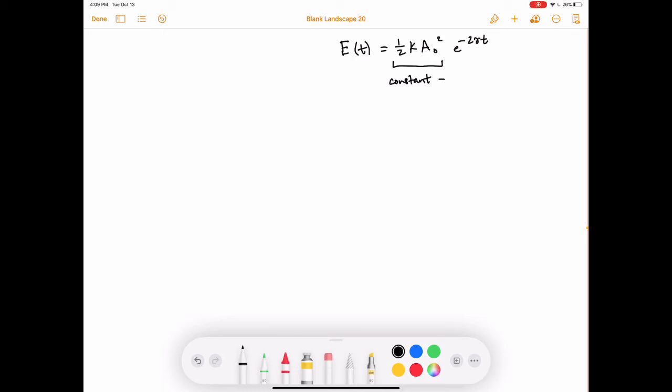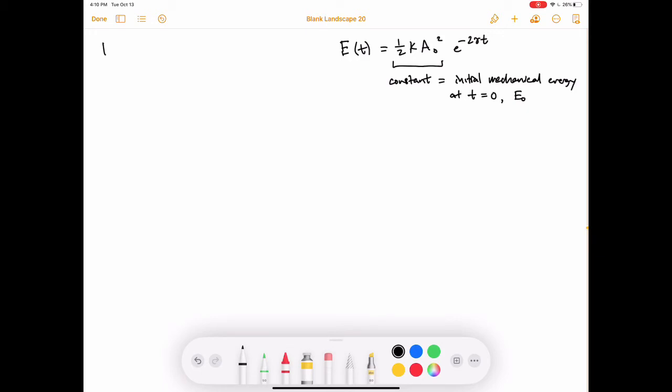And this constant equals the initial mechanical energy of the system, in other words, at t equals 0. Okay? So why don't we just call this constant E naught, for the mechanical energy when t is equal to 0.